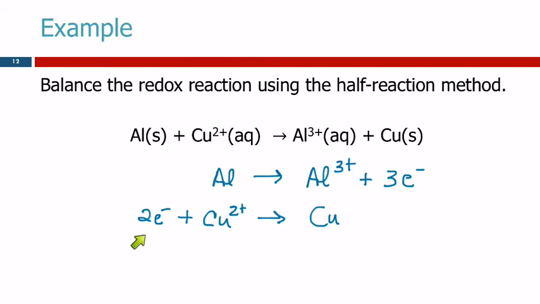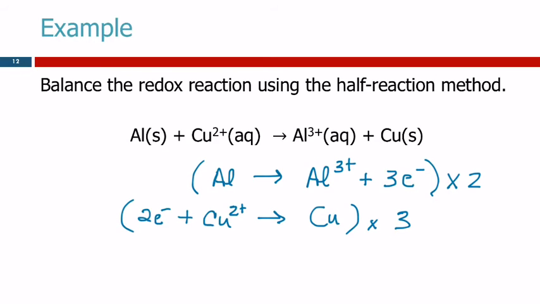And if I multiply this by 3, I'll get 6. So I'm going to multiply the whole equation times 2, and this whole equation times 3. So that's what I'm doing.